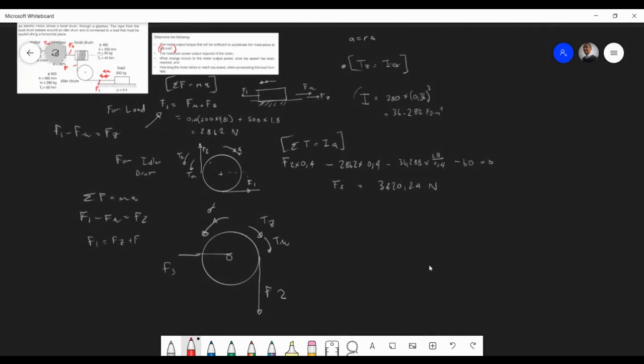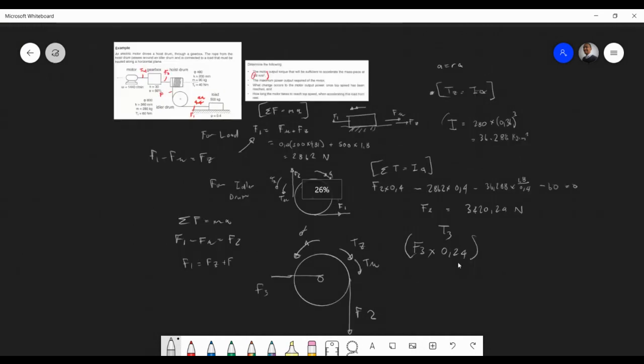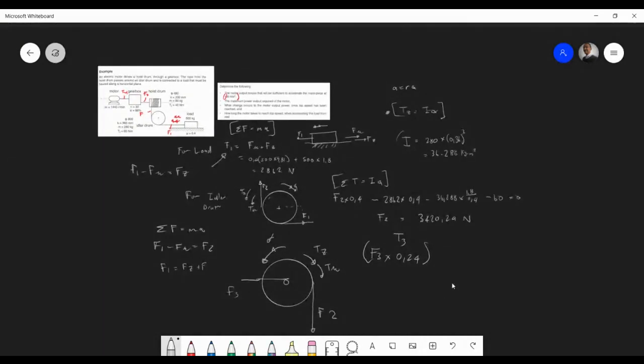Anyway, we apply exactly the same thing again. We can have F3 times, so the diameter of the hoist drum in this case is 480, so it's 0.24. I could have arguably just left this and called it T3, torque number 3. I'm just letting you know because we actually care about the torque. So I'll keep it T3 minus F2, of course. So F2 is going to be 3420.24 times 0.24.